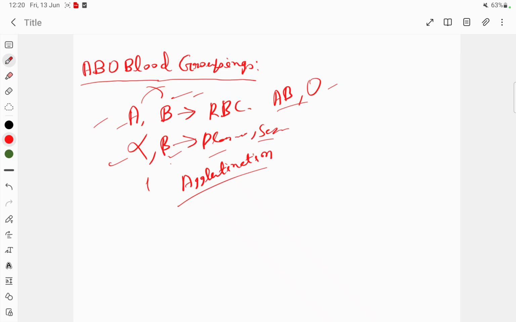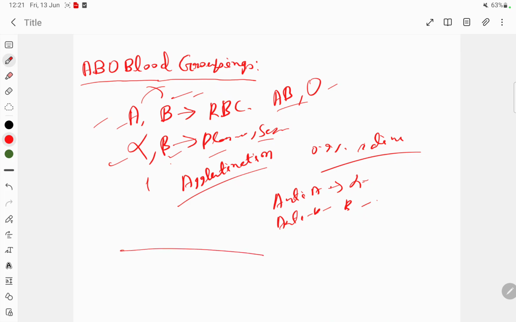For that, the blood of the individual to be tested is mixed with 0.9% saline, and test reagents such as anti-A serum, which consists basically of alpha antibody, and anti-B serum, which consists basically of beta antibody, are taken.